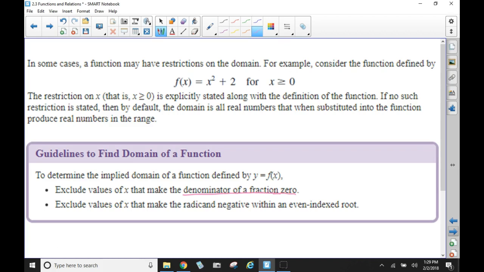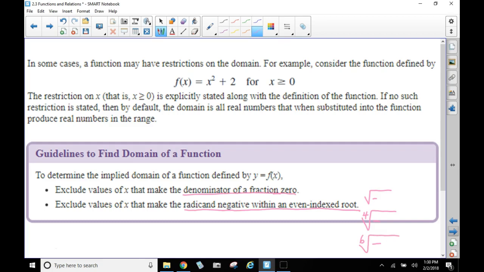And since we're talking about real numbers that would lie in our rectangular coordinate plane, we must also exclude values from our domain that make the radicand negative within an even indexed root. So what that's saying is no negatives under a square root, no negatives under a fourth root, no negatives under a sixth root.